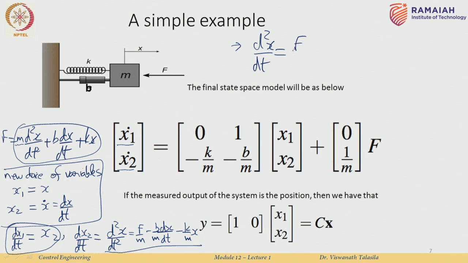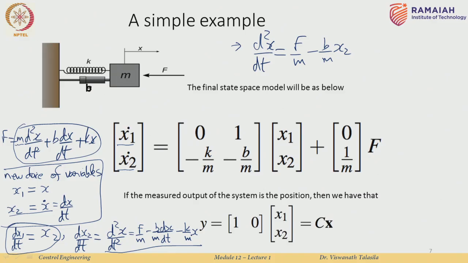So that stays as it is, and then I have this b by m times dx by dt. Now, dx by dt is nothing but x2. So I will write this as b by m times x2.